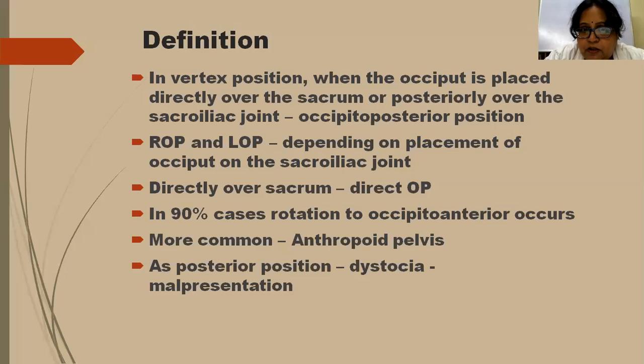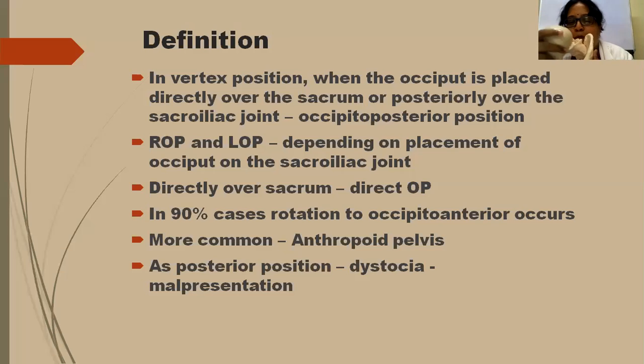There are two positions in occipito-posterior: right occipito-posterior and left occipito-posterior. Depending on the placement of the occiput, the right or left sacroiliac joint corresponds to the maternal side, how the mother is. Depending on the mother's right or left sacroiliac joint, we determine whether it is right or left occipito-posterior.